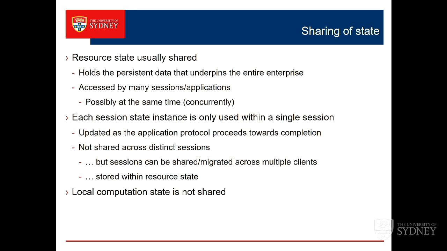So it's highly shared. It could be being accessed by multiple applications at the same time. Even individual bits of data could be being accessed at the same time. So the amount of money in your bank account, 2 applications could be interested in that question now, at this very moment, which is what we'll be talking about later.